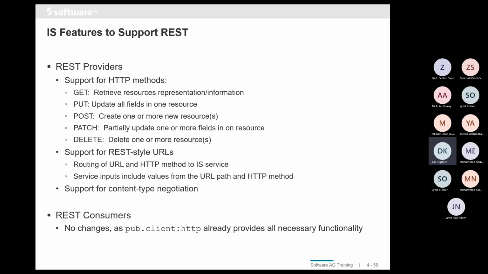Another is the REST consumer, where we consume some third-party REST services. So REST provider, where we will build our service resources and expose everything. REST consumer, there is a service called pub.client. I'll just show that.